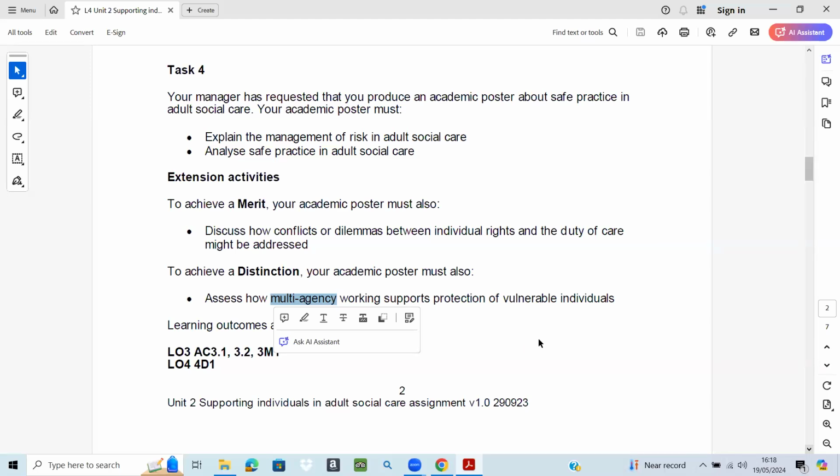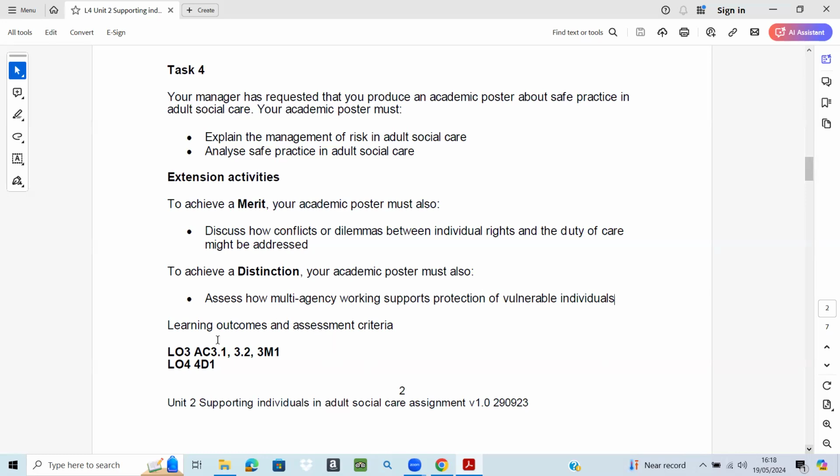We need to give examples and write about how multi-agency working supports protection of vulnerable individuals. We need to discuss all these.